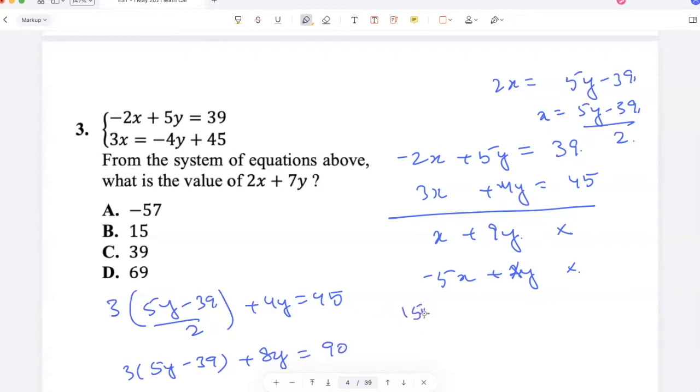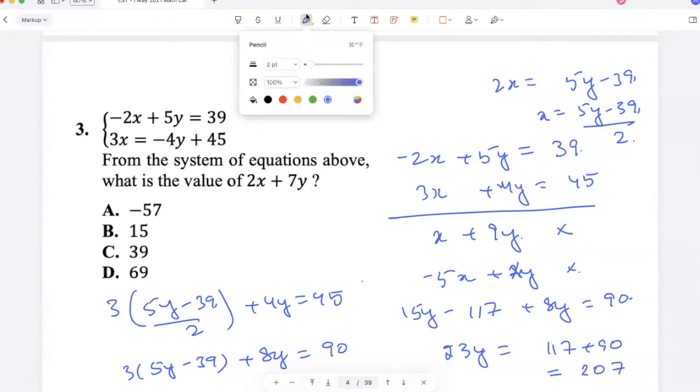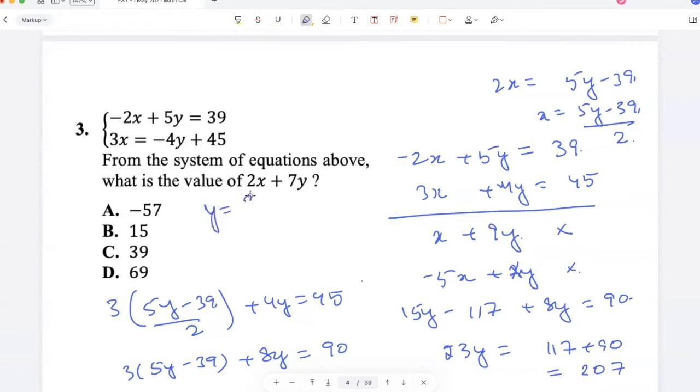So 15y minus 117 plus 8y is 90. So 15 plus 8, 23y is 117 plus 90, which is 207. So y would be 207 by 23.